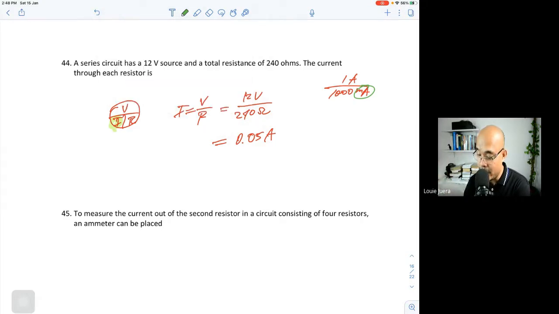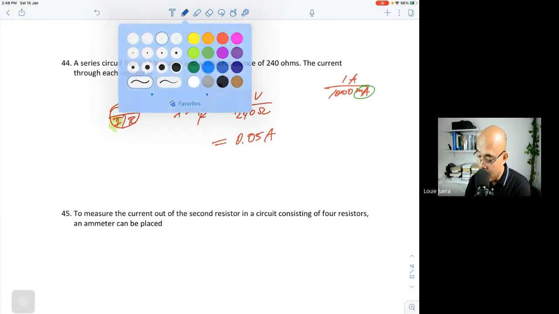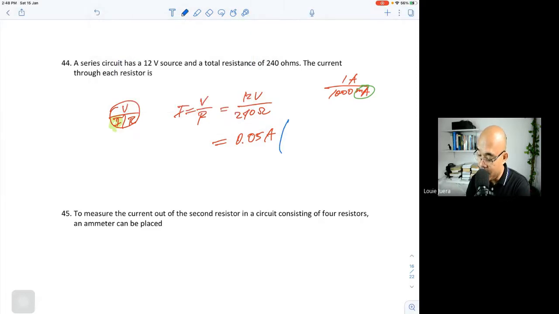So we multiply by 1,000 milliamperes over 1 ampere, because we want milliampere as our final unit. The ampere will cancel out, and then we just multiply 0.05 by 1,000. So that is equal to 50 milliamperes. As simple as that.